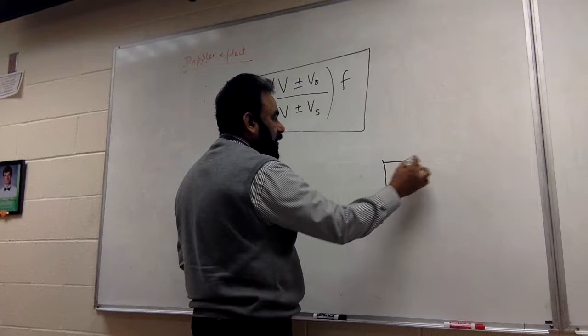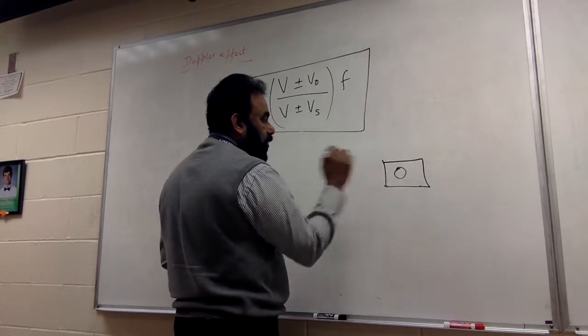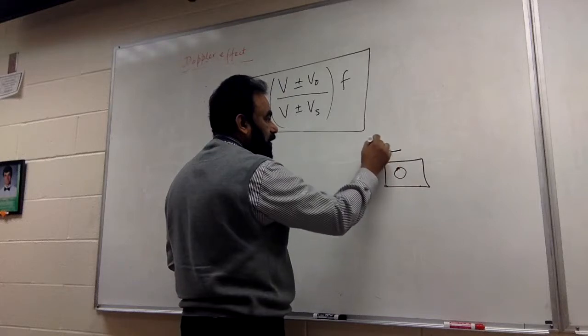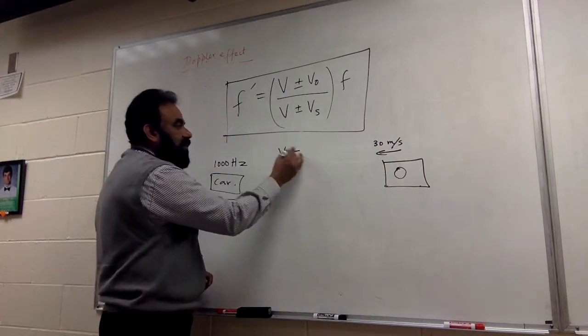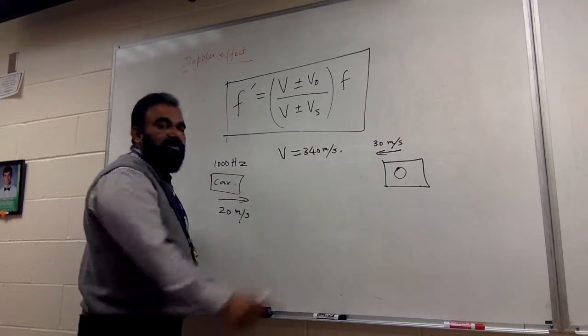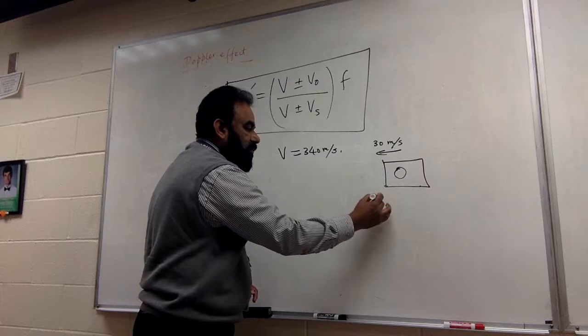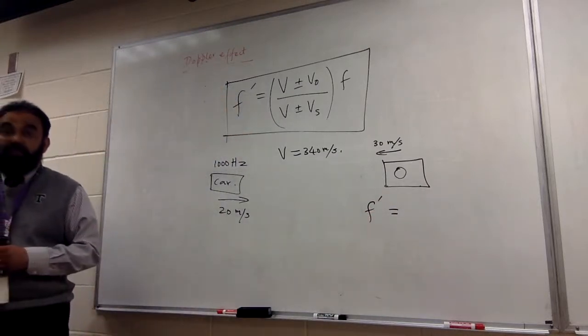And another car, this is the observer, is moving this way at 30 meters per second. And the speed of sound is 340 meters per second. Can you tell me what frequency is heard by the observer? What's the frequency as heard by the observer?